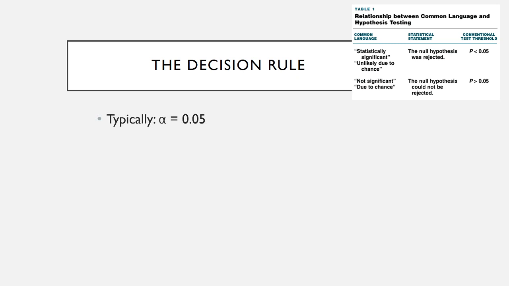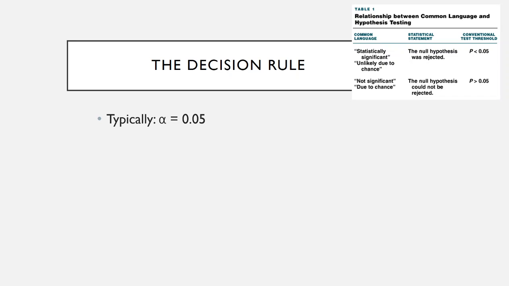So as I mentioned, despite the fact that I'm talking nonstop about this decision rule step, this is where p equals 0.05 comes in. Typically, field-wide in psychology, we accept a critical probability value of p equals 0.05 as our bare minimum critical probability cutoff. So when I say you don't actually have to spend a lot of time thinking about this step, you should just run with p equals 0.05.